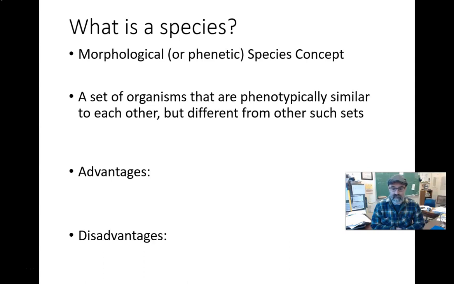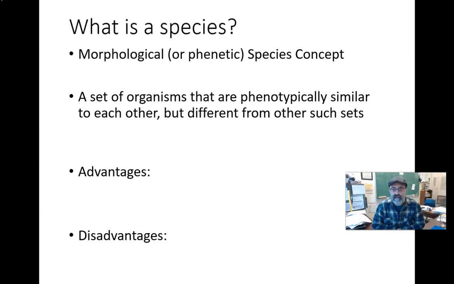Another advantage is that this can be applied to extinct species, and this is how we have defined and continue to define species of dinosaurs or fossil organisms, by looking at their shape or phenotype.